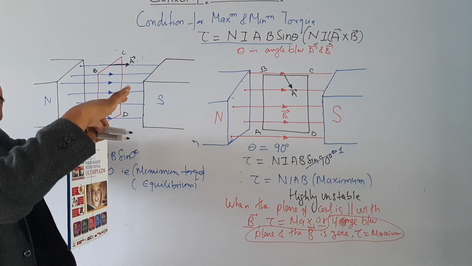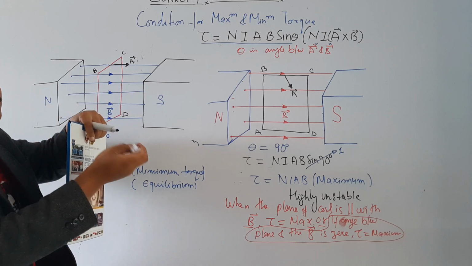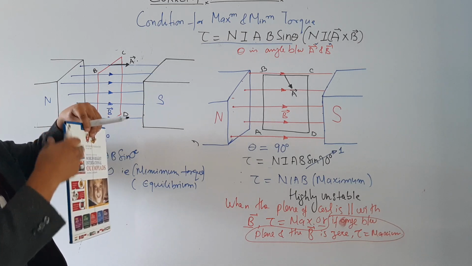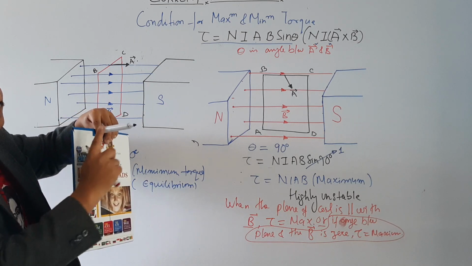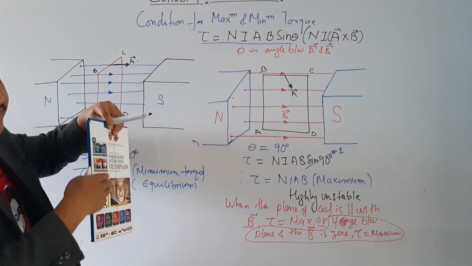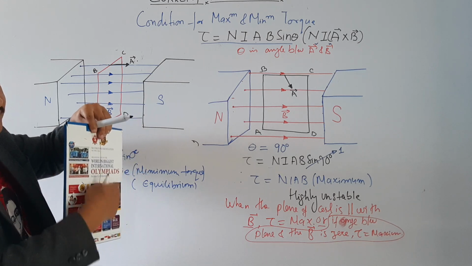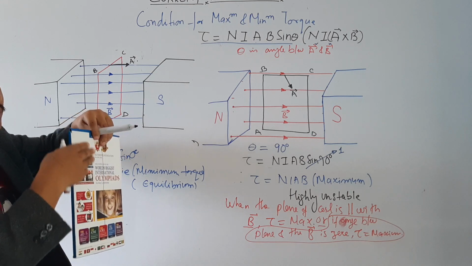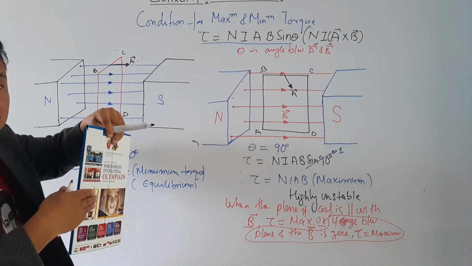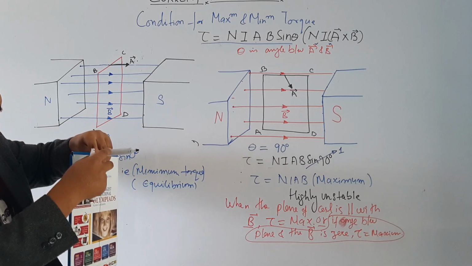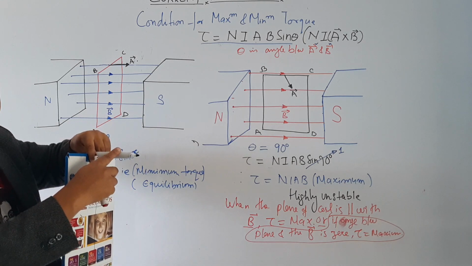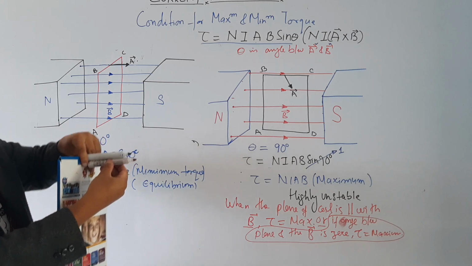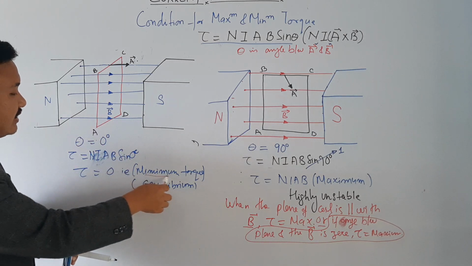Now I will remove this area vector and place only the magnetic field in this condition, and this is my plane. This plane is 90 degrees, or the magnetic field is perpendicular to the plane of this coil, isn't it? When it is perpendicular to the plane of the coil, the area vector is in this form, then the angle is 0. When it is 0, there will be minimum torque.